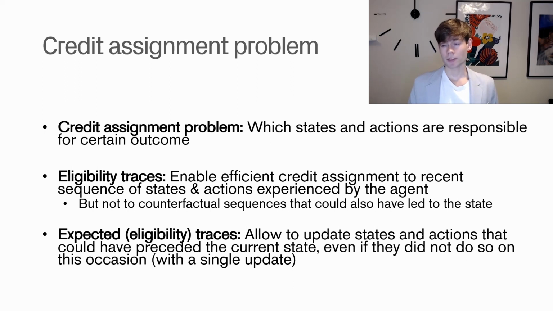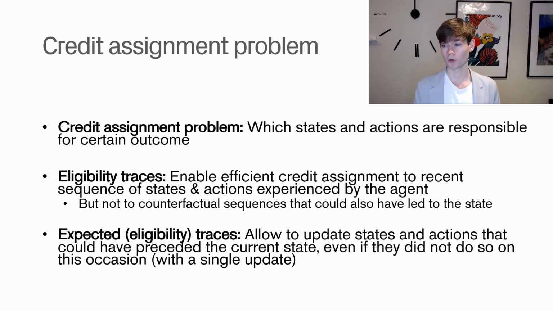And this ties into something called the credit assignment problem, which is what we're trying to effectively solve. If we take a wider, more abstract view of this, what we're trying to do at the most fundamental level is give credit to the states that are responsible for a particular outcome. When we construct the value function, we want to find out how good a given state is.